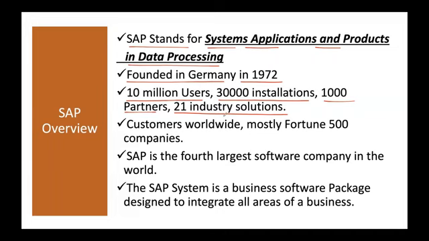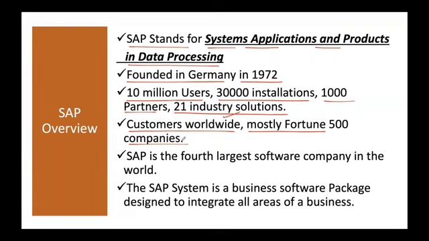They have customers worldwide, and mostly Fortune 500 organizations are using SAP. Fortune 500 organizations means top-notch companies in their domain, in their industries. Suppose you take automobiles: Toyota is the biggest and largest automobile company in the world.